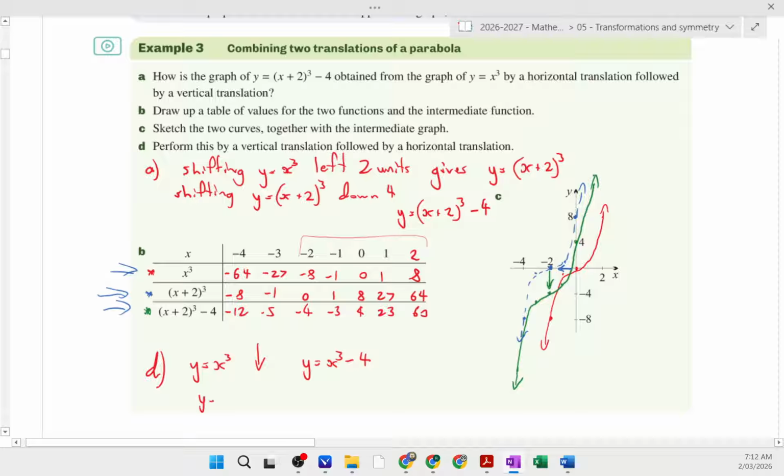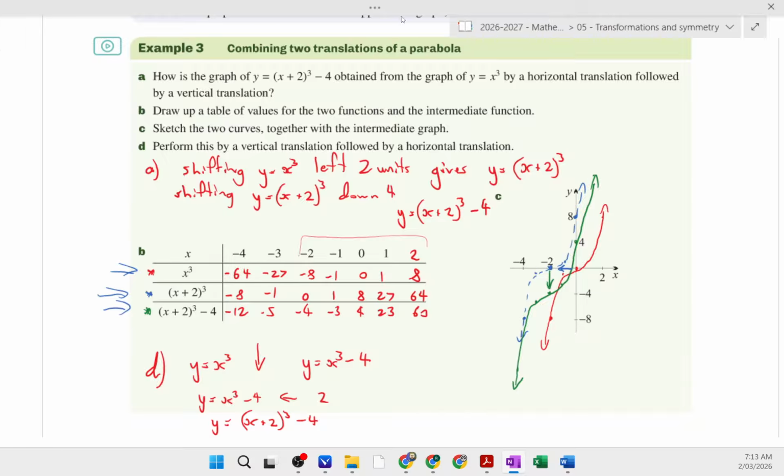So we want y equals x cubed minus 4, and we want to move it left 2. And so we still get the same thing.